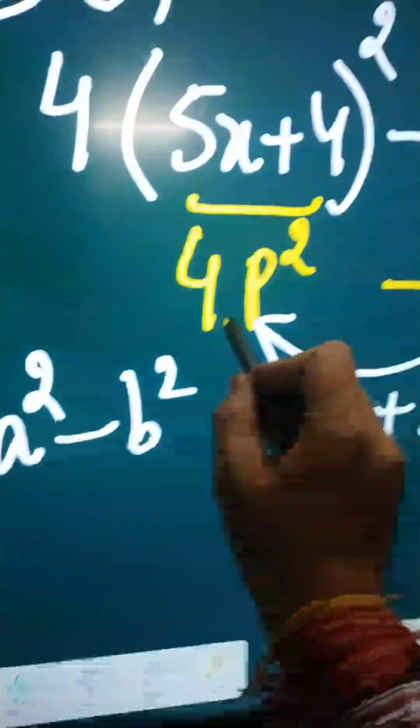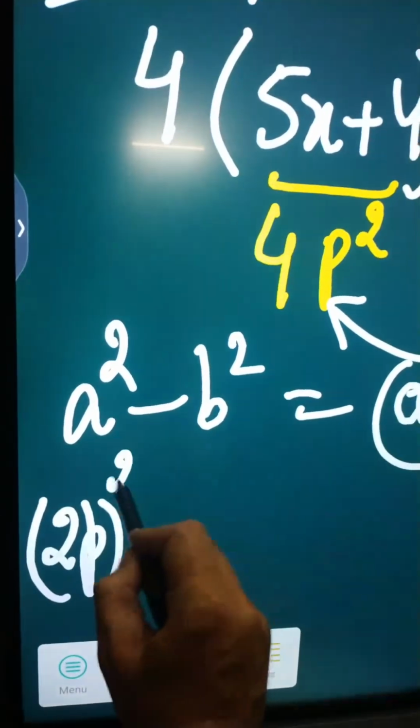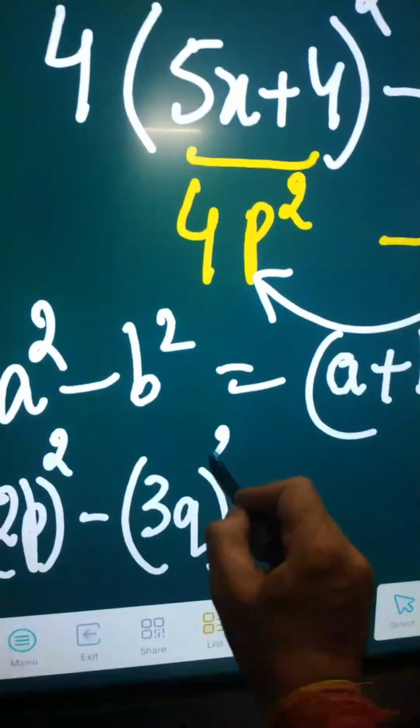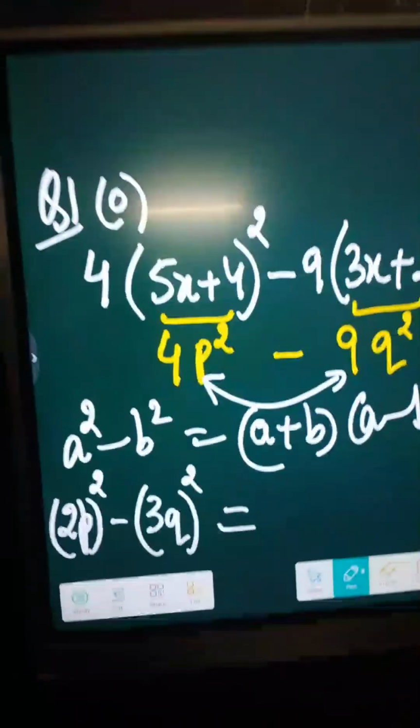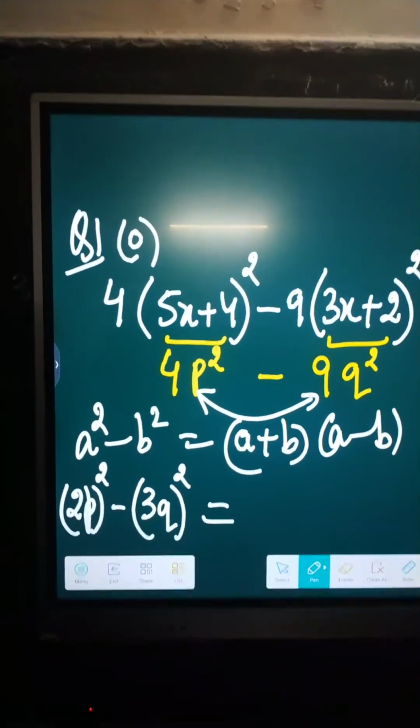This 4p will be written as a square number, so 2p square minus 3q square. Now see this, 4p, what did I write?